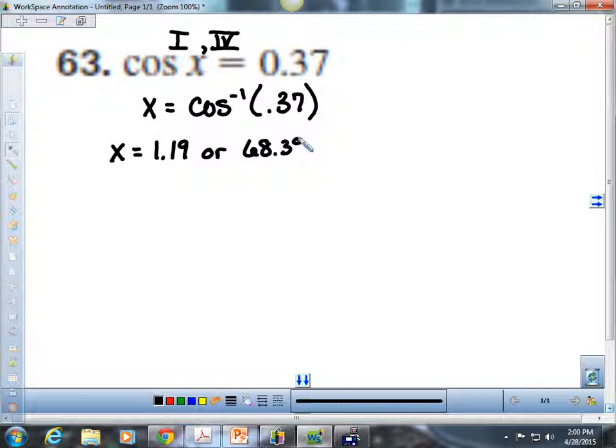So those are my quadrant 1 angles, but how do I apply that into quadrant 4 if we're talking degrees? 360 minus, and in radians it would be 2 pi minus 1.19. You guys are going to do 360 minus the full value you got, not 68.3, but subtract off the second answer.